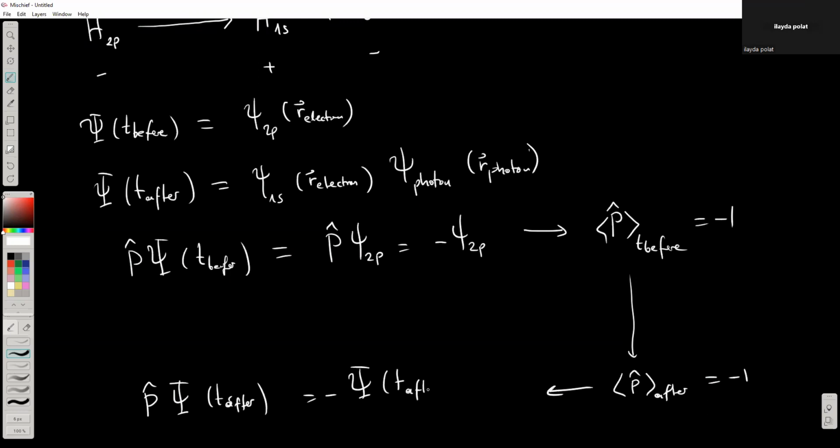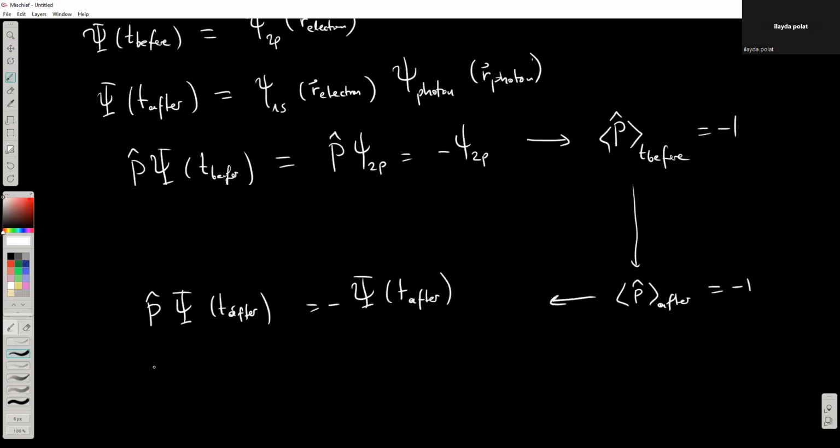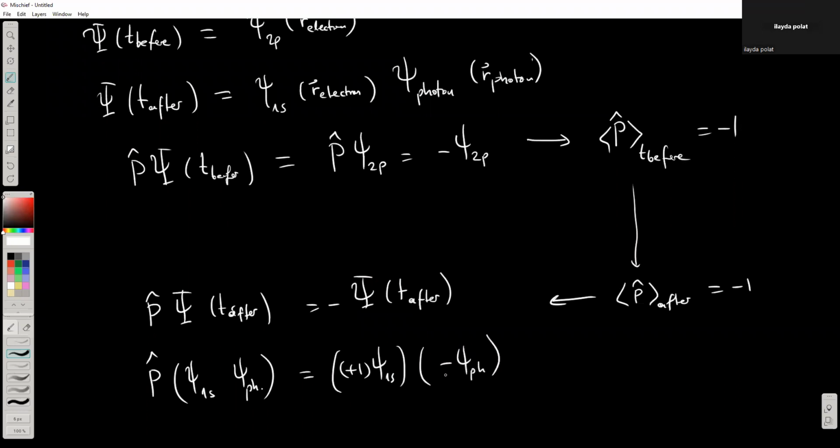Okay, but in that case, if you just look at this expression, we have the parity applied on the wave function of the electron, that's 1s, and the wave function of the photon, right? So both of them should be inverted. It turns out that the 1s state does not change sign under inversion, but somehow the photon's wave function should change sign.